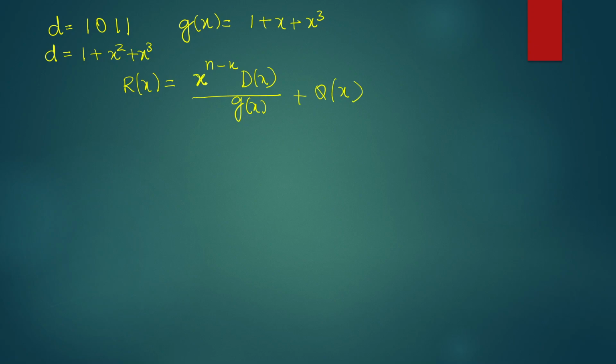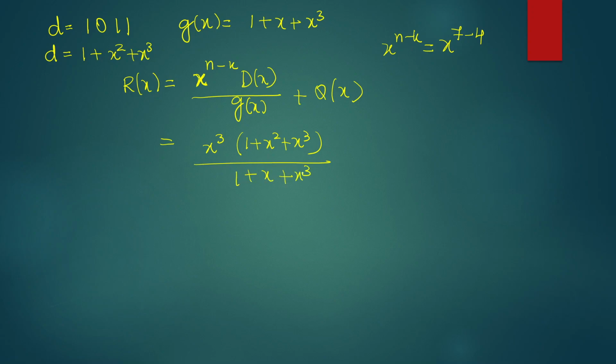Please remember, this is x raised to n minus k into d of x divided by g of x plus q of x. Now let us find out how to do this. So x raised to n minus k, for this case, is x raised to 7 minus 4, which is x cube into 1 plus x square plus x cube. We need to divide this by 1 plus x cube.